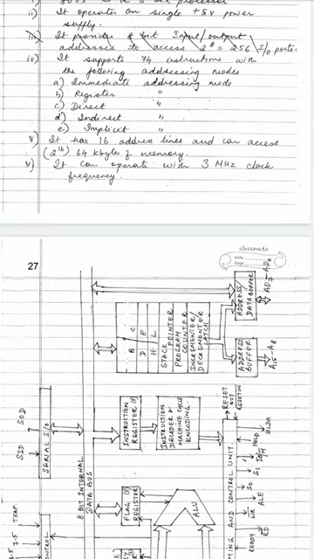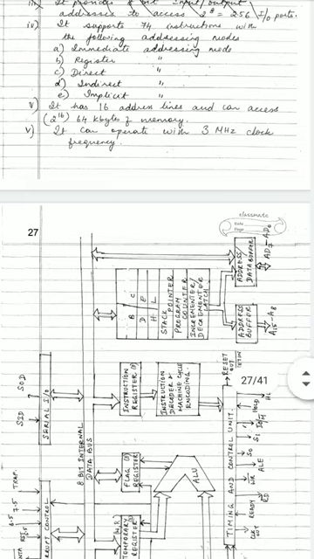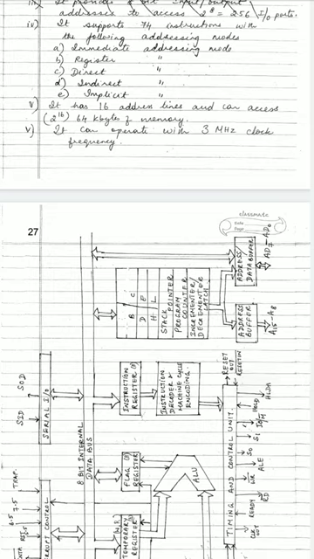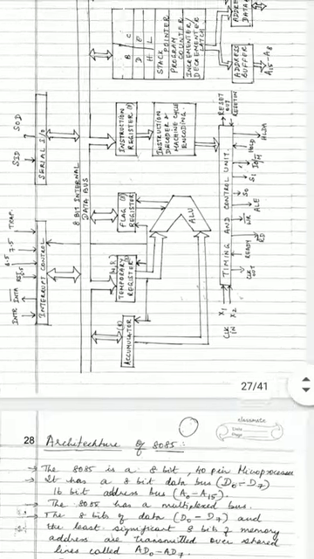That particular address length is 16, so it has 16 address lines. And how much memory, which means how many instructions it can store, is 2 power 16, which means 64 kilobytes of memory. It can operate with a 3 MHz clock frequency. So we'll see about this microprocessor one by one.